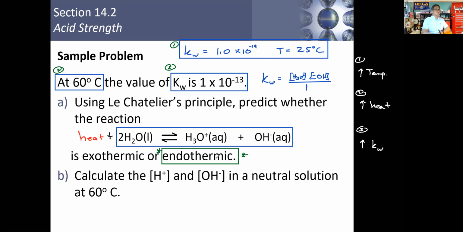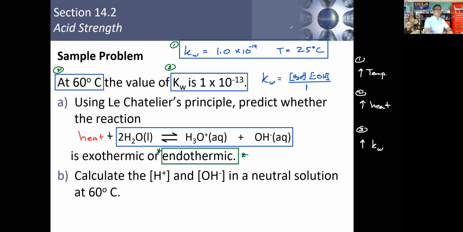This is a conceptual question that gets you to think about Kw and Le Chatelier's principle, which we learned in the last chapter. So this is an application of Le Chatelier's principle to the autoionization of water. All right, I think the second question will be pretty straightforward.